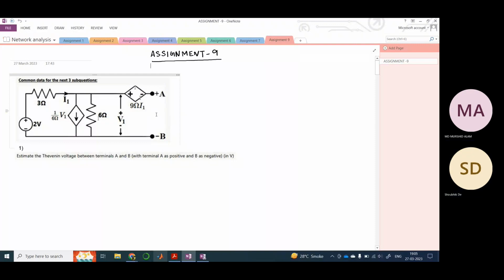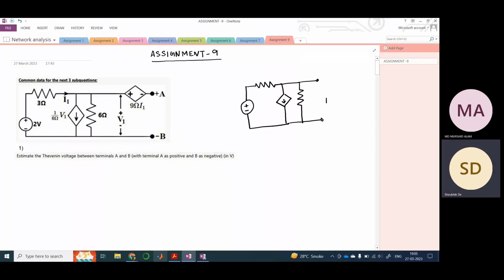So here, for example, if this dependent source wasn't there, let me just redraw the circuit without the dependent source. So this is the circuit without dependent source, right?